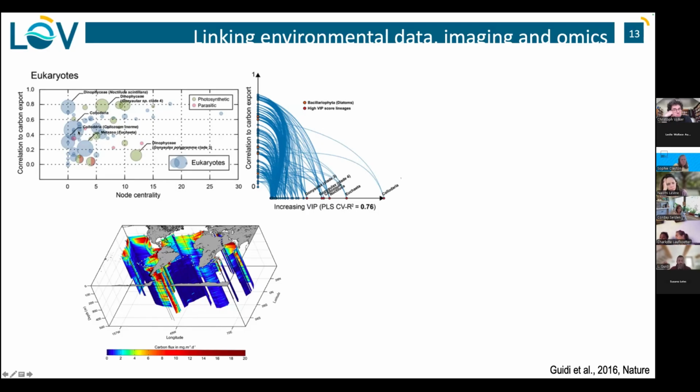Meaning that if they're at the center of the network, they're very important for the structure of the ecosystem. If you remove them, basically the subnetwork doesn't exist anymore. So I give you two ideas at the same time: the potential interest of that species to modulate fluxes, but also the potential interest of that species for the surrounding species. We did that for the eukaryotes, the prokaryotes, and the viruses.